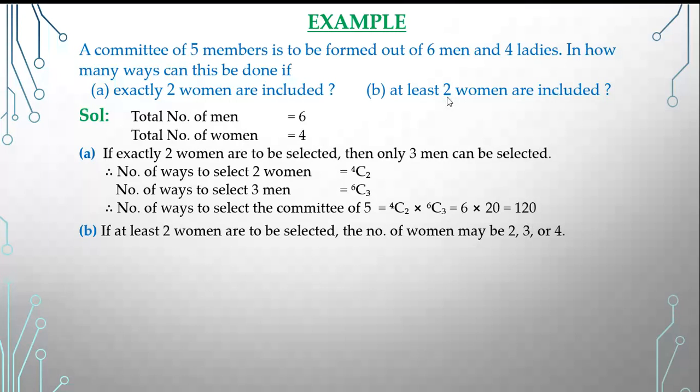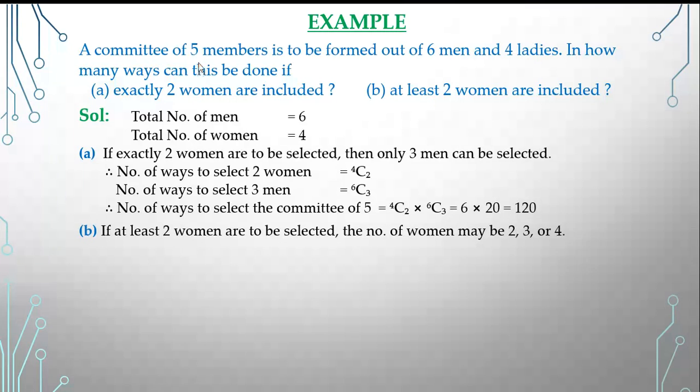Now the second case is that at least 2 women are included. So out of 5 members, at least 2 women are included. It means that in our 5 member committee, the number of women may be 2 or 3 or 4, right? Because we have 5 members and at least 2 women are there.